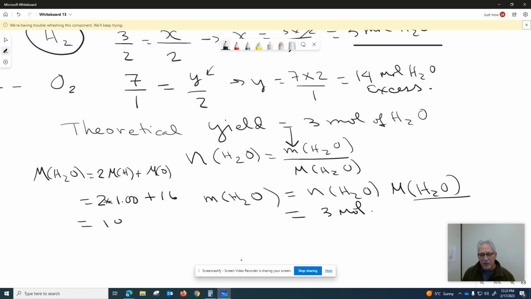So the answer will be 18 gram per mole. So multiplying 3 times 18 gram over mole, and mole cancels out, and I go 3 times 8, 24, carry 2, and 3 times 1, 3, and 2 will be 54 gram of water.